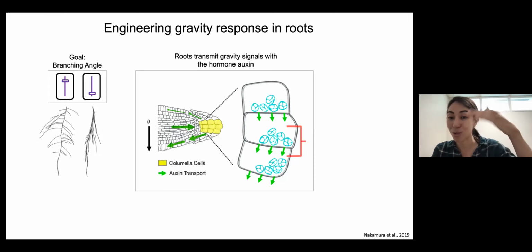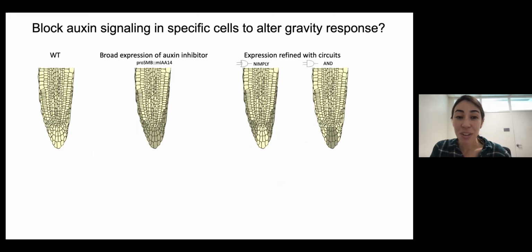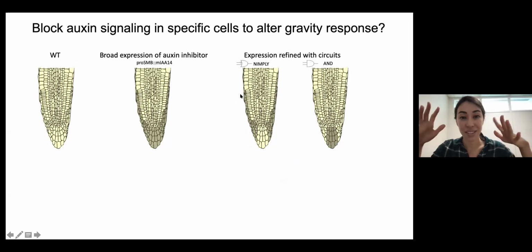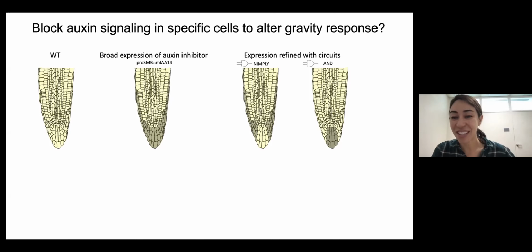That sort of asymmetrical distribution causes bending. So what we can do with our synthetic system is potentially just express an auxin signaling blocker in just the cells that would otherwise be doing that differential growth, and see if we can affect just root growth.